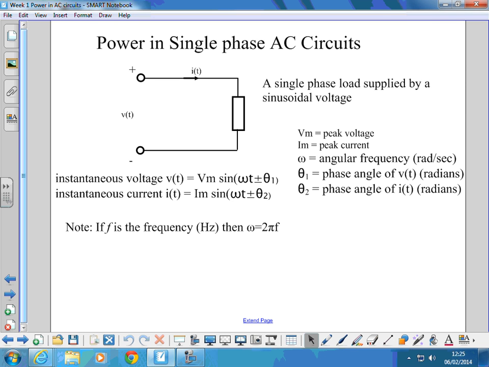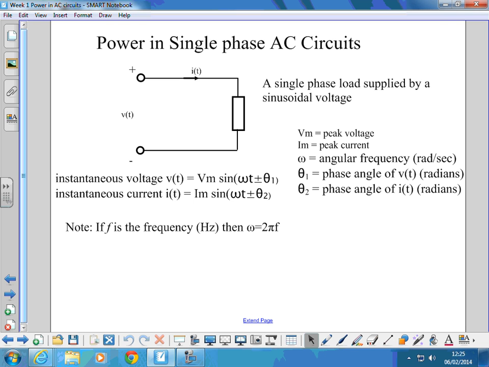And we could calculate the instantaneous voltage at any time with the formula Vm, for the maximum or peak voltage, multiplied by the sine of the frequency plus or minus any phase angle. And we could do the same with the current.